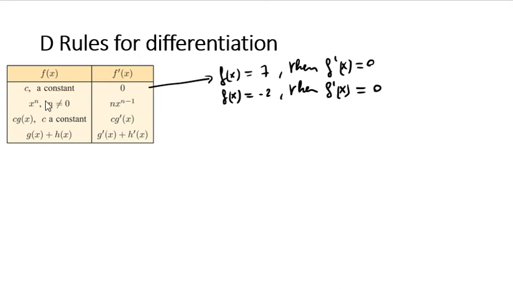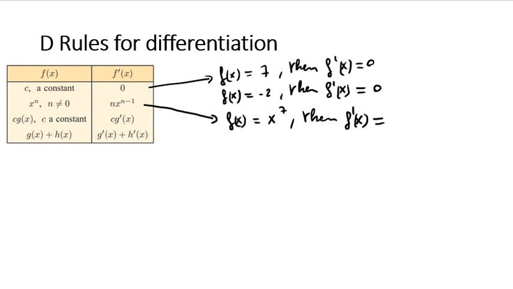When f of x is equal to x to the power of n, and n is different than 0, then we can say that the derivative is equal to the power n times x to the power of n minus 1. Okay, let's take an example. For example, when f of x is equal to x to the power of 7, then we can say that the derivative is equal to n.